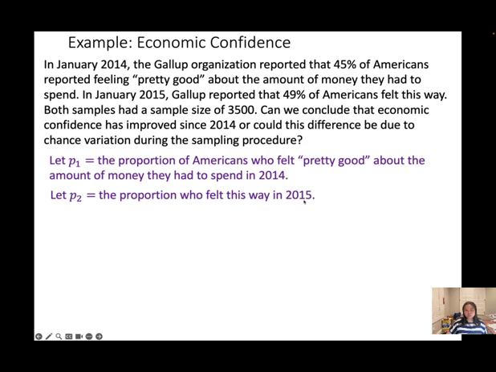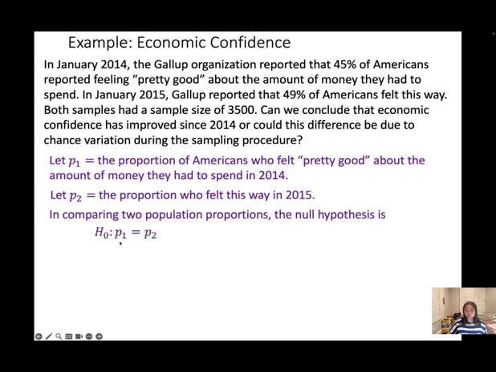Okay, the first thing you need to do. If we want to compare two population proportions, just like session 8.2, you need to state your null hypothesis. You're going to compare p1 and p2 here, and the null hypothesis is always equal, so p1 equals p2.